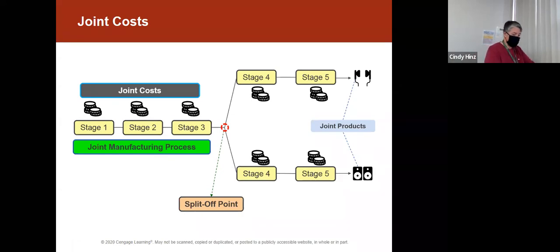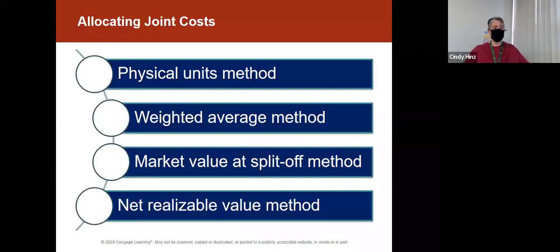As I said, we're going to be covering 4 different methods. You're responsible for all 4 of the methods. The physical units method is probably the easiest to implement. And just as I said for the 3 methods for allocating support department costs, we only want to make it harder for ourselves if it gives us better information to make better decisions about managing and running our company.